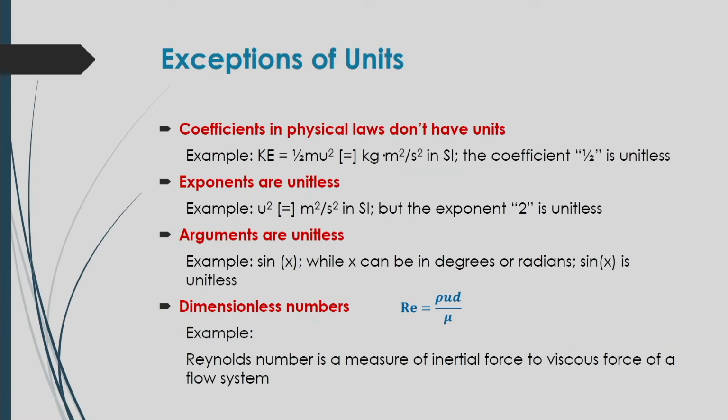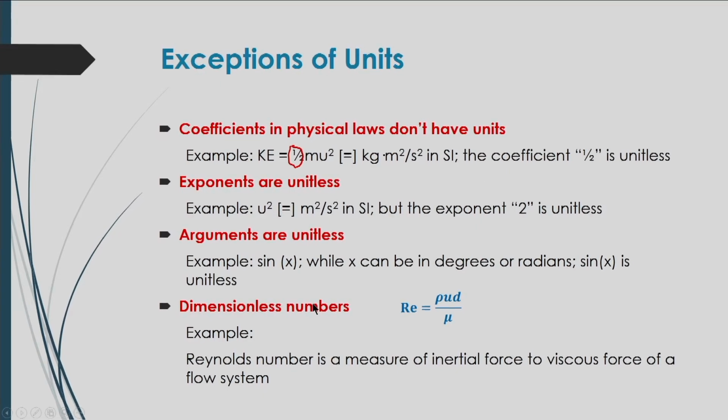We can say that some quantities do not have dimensions; these are called exceptions of units, like coefficients in physical laws that do not have units. Example: kinetic energy is half into m into u square. In that case, the coefficient half does not have any unit.